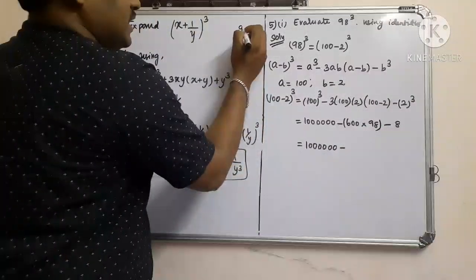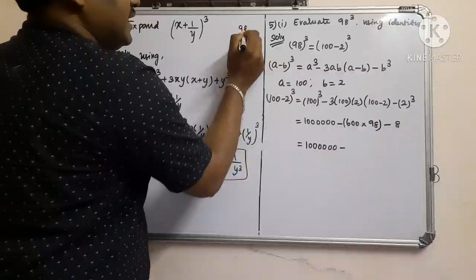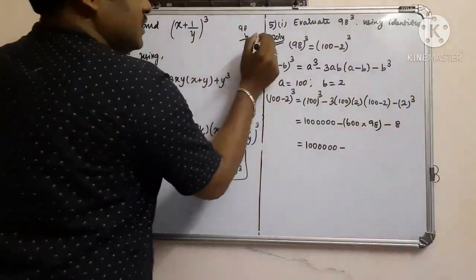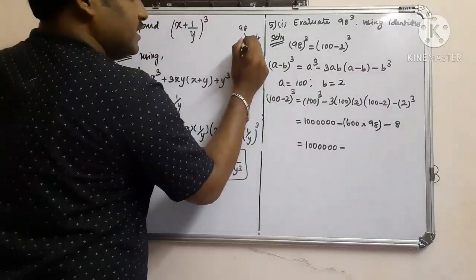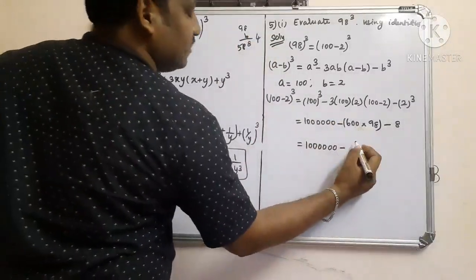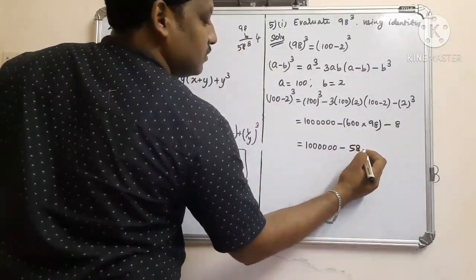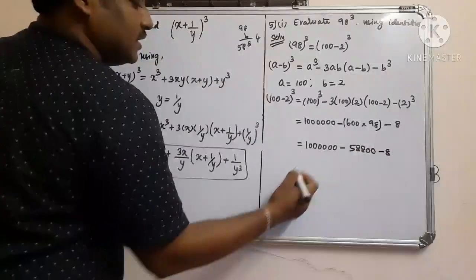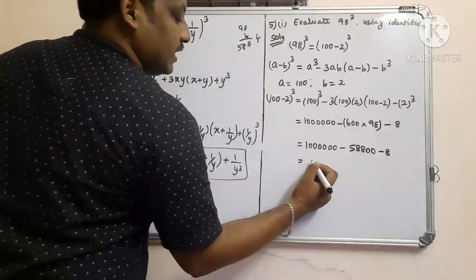So you should multiply 98 with 6: 8 6s are 48, remaining 4, 9 6s are 54 plus 4, 58. So you can add 2 zeros, minus 8. Both are minus numbers, so you have to add.